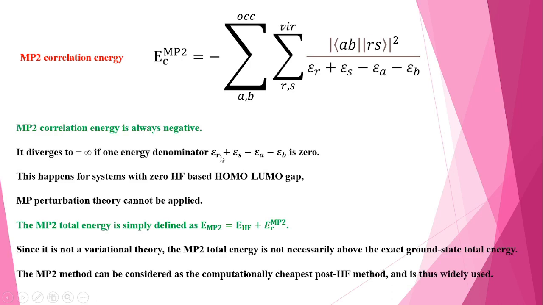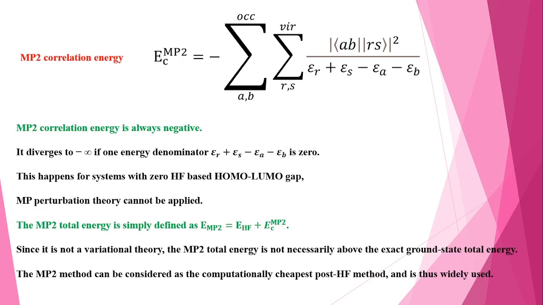Since it is not a variational theorem, because we have not considered any wave function and just found the derivative with respect to the coefficients, it is not necessary that you will end up with the exact ground state. However, it is one of the cheapest methods that allows a chemist to perform post Hartree-Fock calculations with very little computational cost.